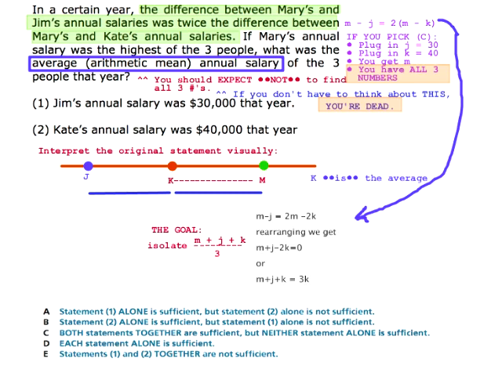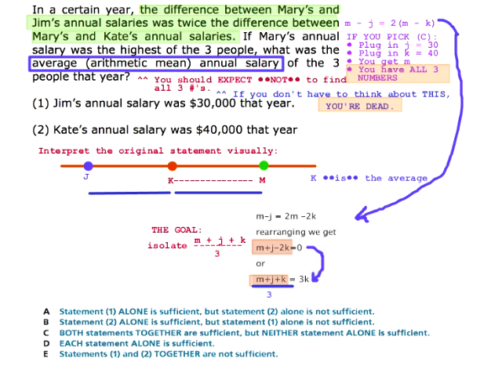That's the average. Because this step might seem a little bit mystifying at first, because in effect we are sort of unsimplifying stuff here. But it makes perfect sense because you want to create m plus j plus k on one side of the equation, and this is a way to do that. Absolutely. So therefore, m plus j plus k over 3 is going to be k.